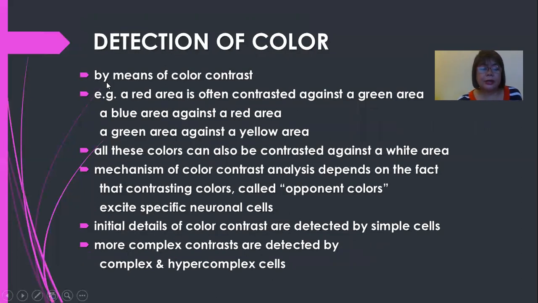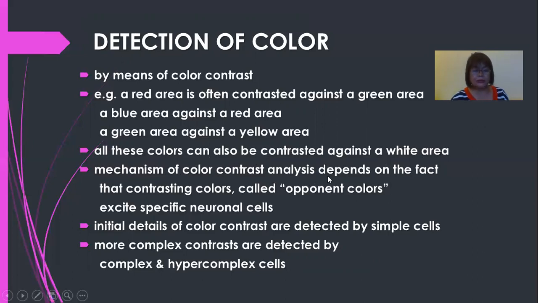Detection of colors. Detection of color is also by means of color contrast. A red area is often contrasted against a green area, a blue area against a red area, a green area against a yellow area. All these colors can also be contrasted against the white area.